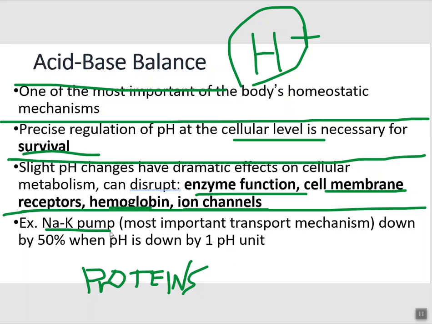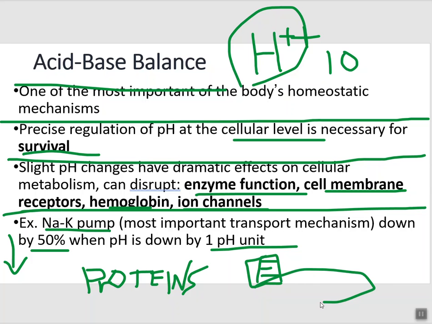The sodium-potassium pump becomes 50% less when this changes by a factor of 10. If I have 10 times as many or 10 times fewer hydrogen ions, then this can go down 50%, which probably won't be much of a problem because you're really not going to know anything about it, because if you change your pH by 1, you will be dead.